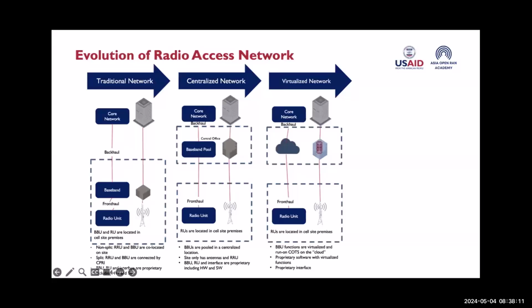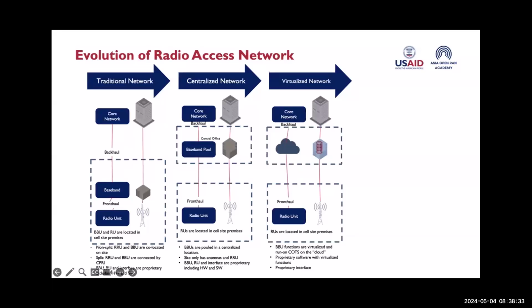It's still proprietary. And the remote radio unit is still proprietary. So you cannot mix and match other equipment. What just happened here is that you just virtualized the baseband and then used the COTS server. So this is the virtualized RAN, or what we so-called the vRAN.